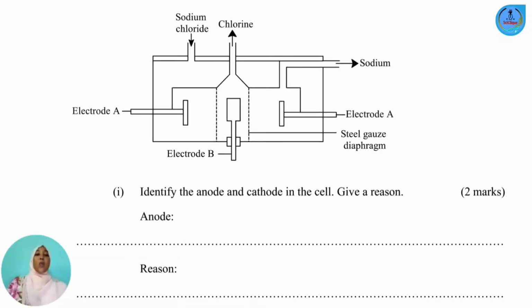Roman 1, identify the anode and the cathode in the cell and give a reason. When we talk about extraction of metals that are more reactive, the extraction process is usually electrolysis. Metals like aluminium and sodium are extracted through this process.